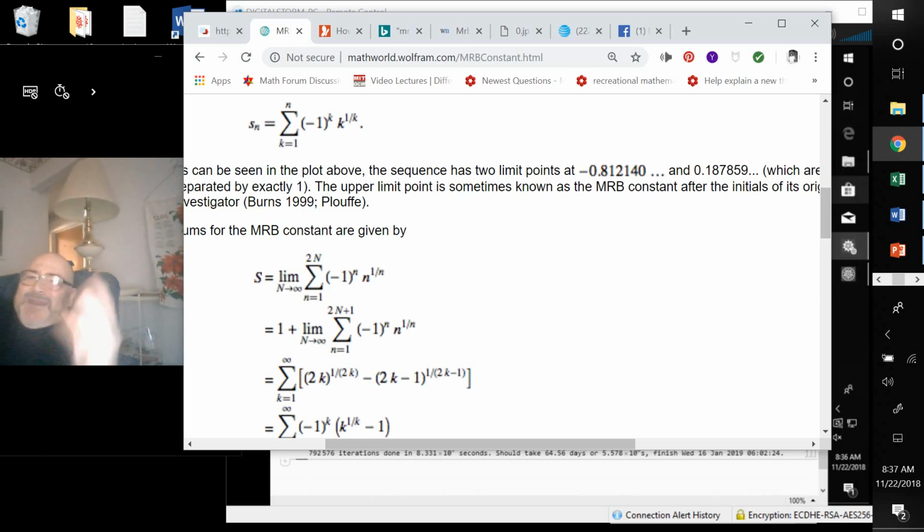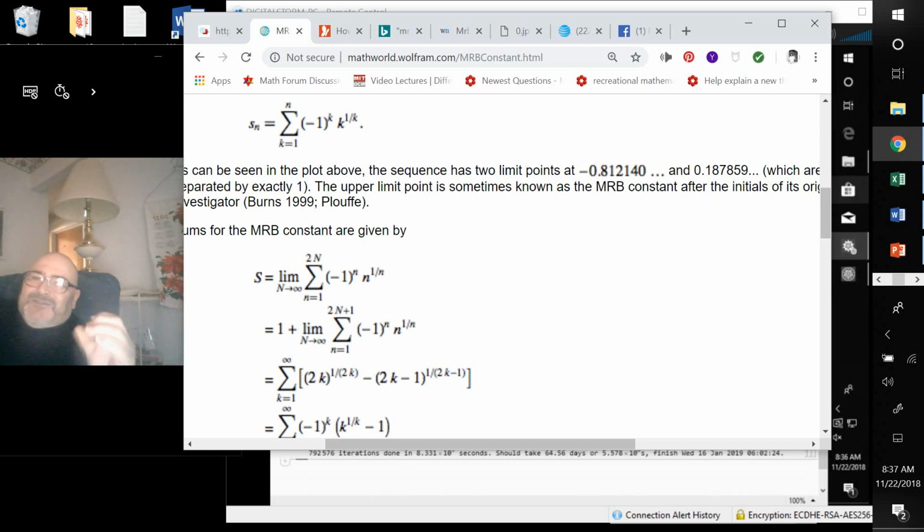Now, so what we have here is 1, -1, minus the cube root of 3, minus the 5th root of 5, minus the 7th root of 7, and so on, with all those odd terms. Terms involving those odd integers.